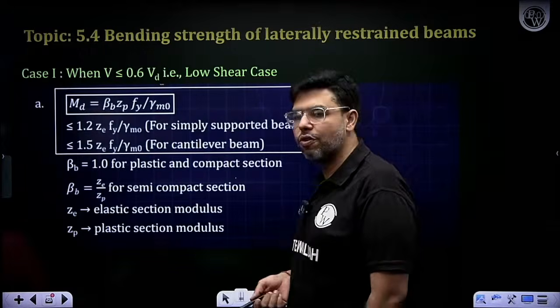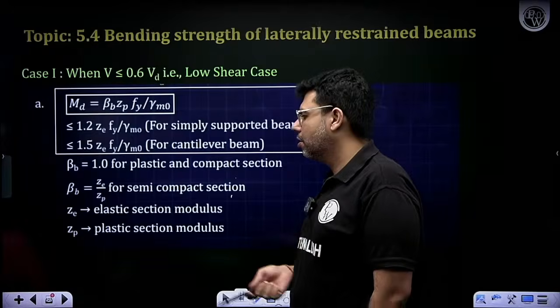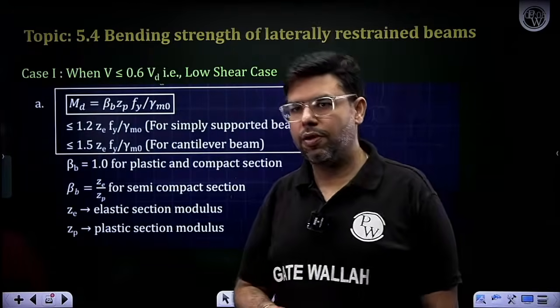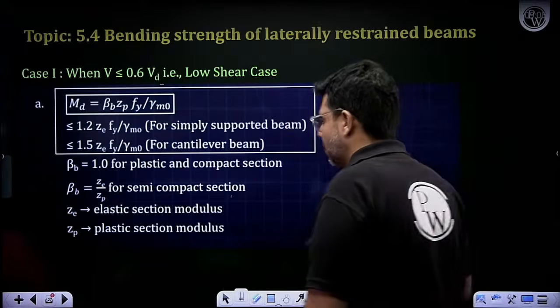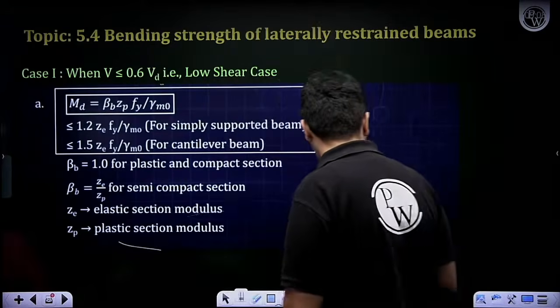Beta b is 1.0 for plastic and compact sections. Beta b is the ratio of Ze by Zp for semi-compact section, where Ze is the elastic section modulus and Zp is the plastic section modulus.